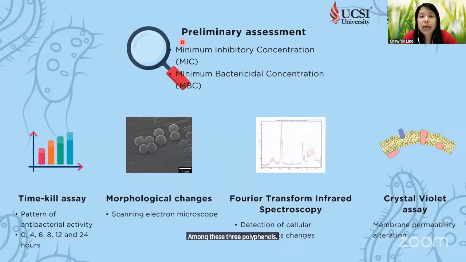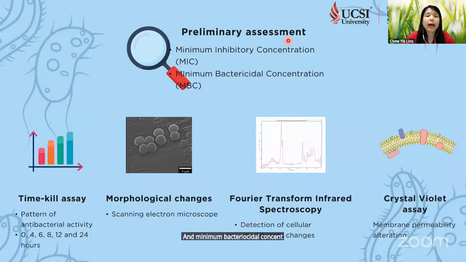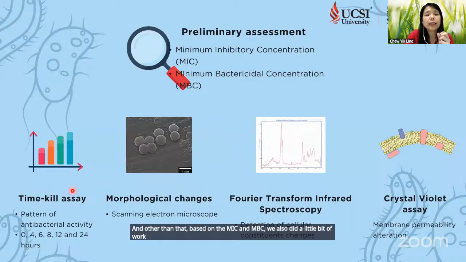When we look at the antimicrobial activity of these three compounds, we did a very preliminary assessment of the minimum inhibitory concentration and minimum bactericidal concentration. Other than that, based on the MIC and MBC, we also did some work using the time-kill assay.